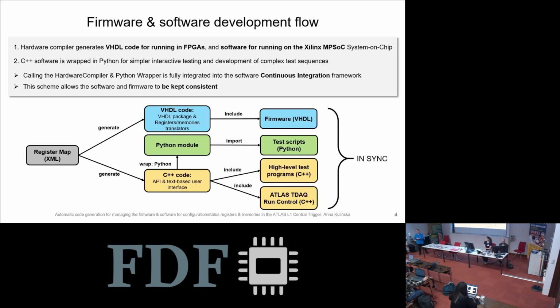So now that we know what HardwareCompiler is, let's see how it fits into our firmware and software development flow. It all starts with one single register map in XML format, and it contains a description of registers and memories that we use in our design. Based on it, HardwareCompiler generates two things. First is VHDL code that is then included by the designers in our firmware.